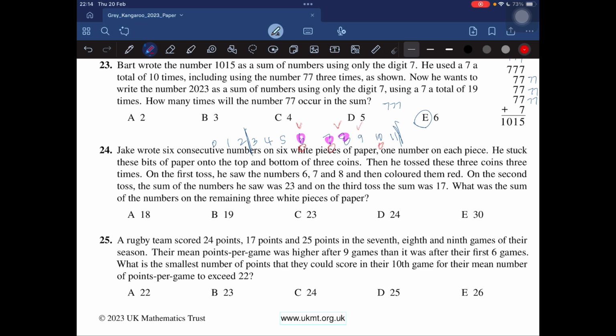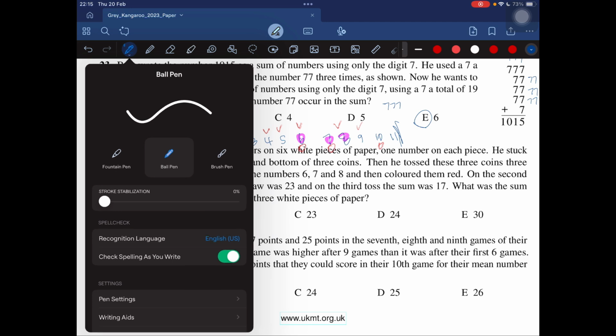And third toss, the sum was 17. So the next sum should be 17, 3 numbers. We cannot make 17 with 10. Let's say we can make 17, 9 and 8, 4, 5. Oh, sorry.